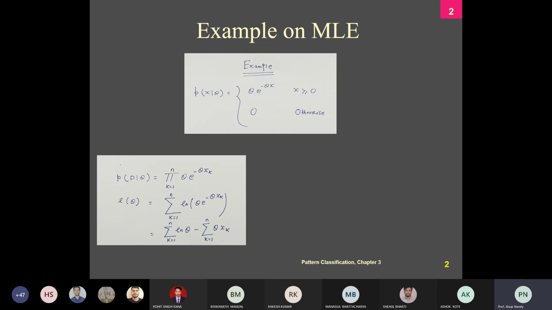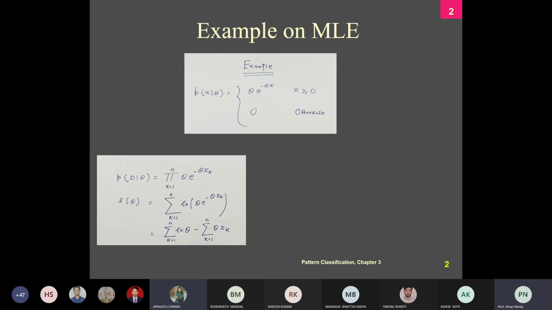Yes or no? Do the differentiation. This is a simple differentiation. Just do it and tell me the answer. What will be the value of theta? Root n. Root under n.